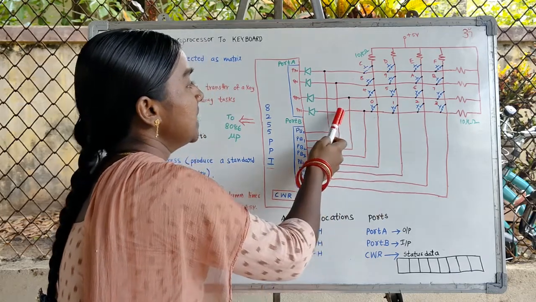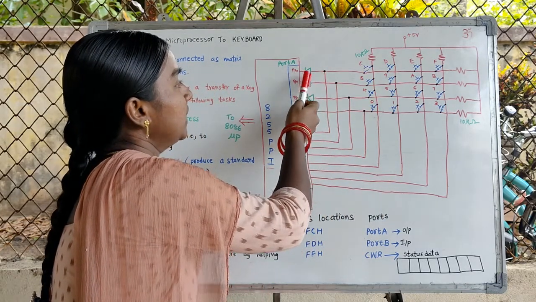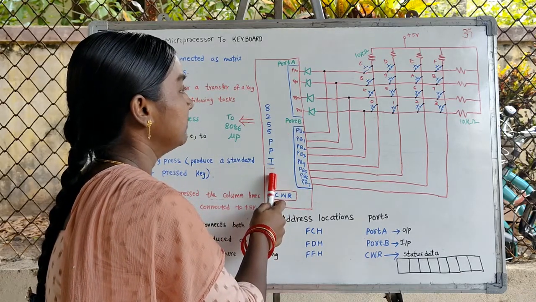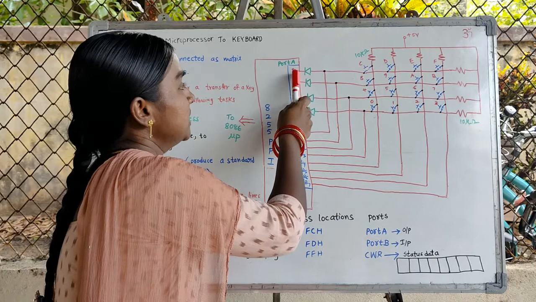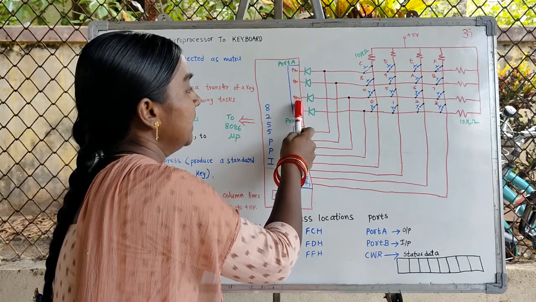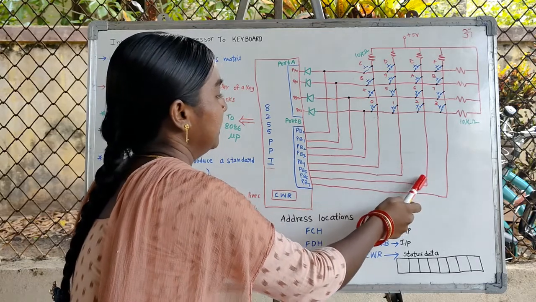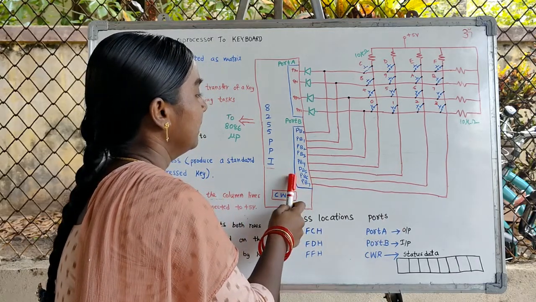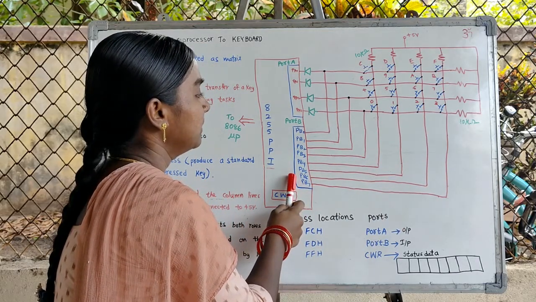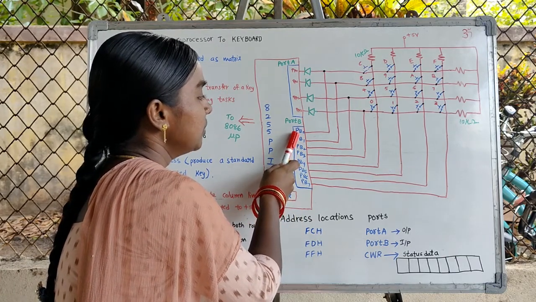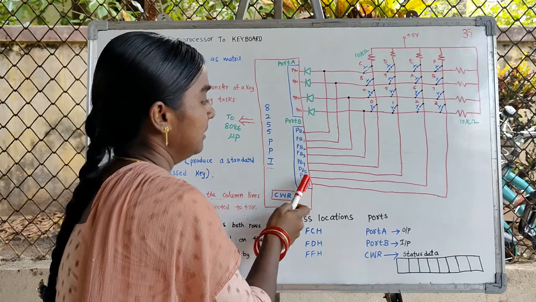The rows are connected to port A of the 8255 programmable peripheral interface, to the lines PA0, PA1, PA2 and PA3. The columns are connected to port B of the programmable peripheral interface by 8 lines, from PB0 to PB7.